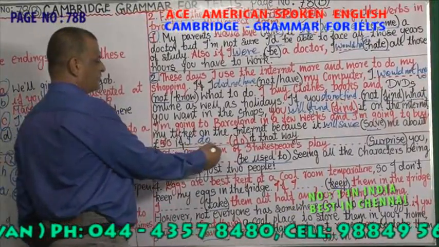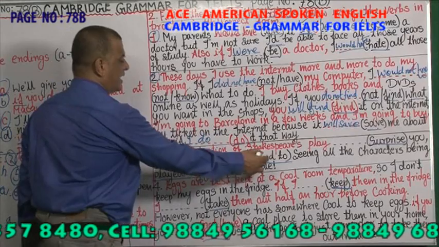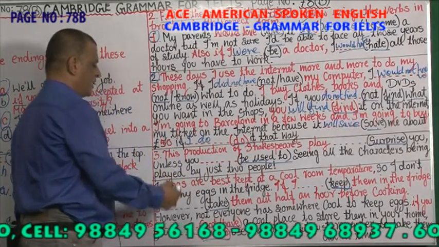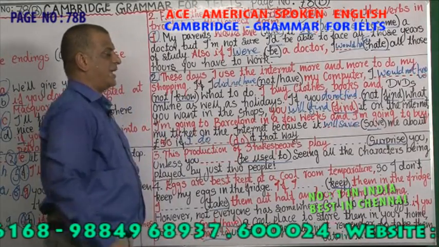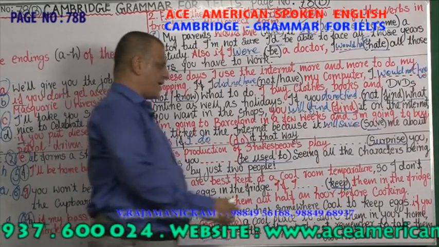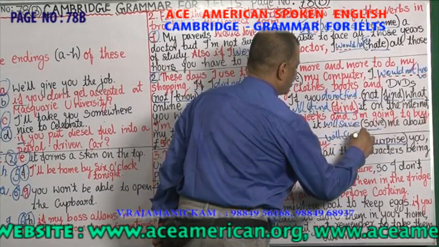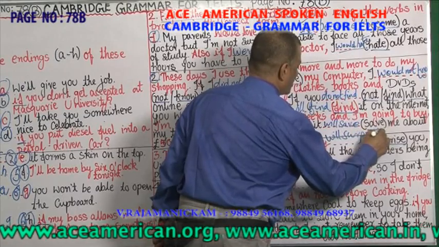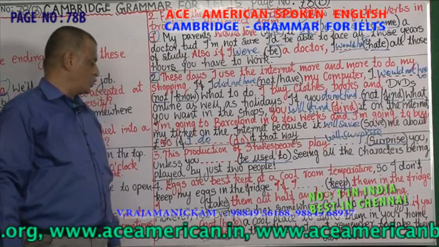This production of Shakespeare's play will surprise you unless you are used to seeing all the characters being played by just 2 people. This production of Shakespeare's play, surprise, yes? Will surprise. So, condition number 1 is coming here, will surprise. So, result comes first. This production of Shakespeare's play will surprise you unless you.